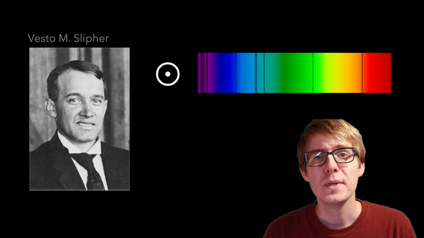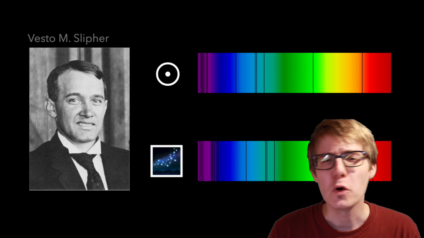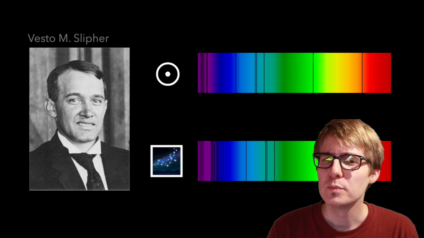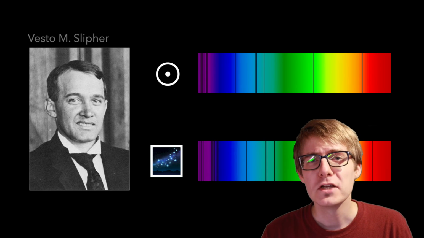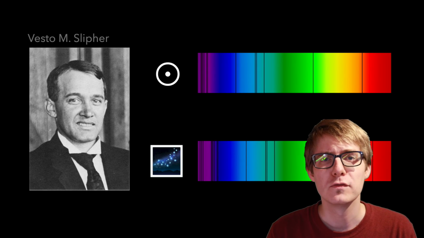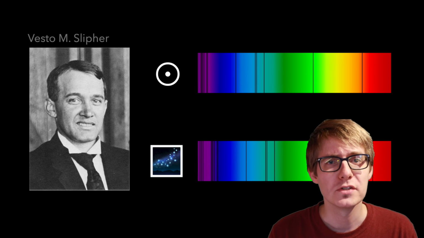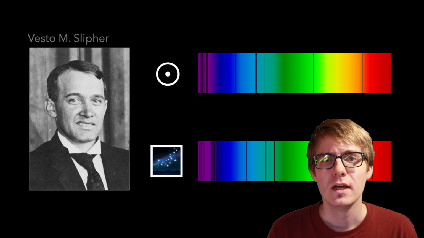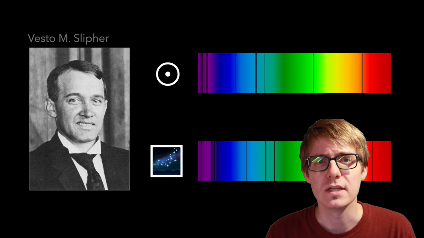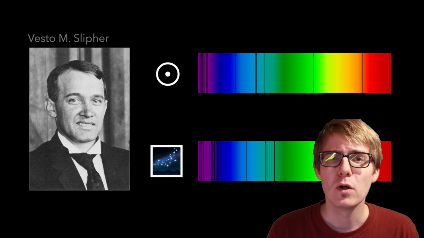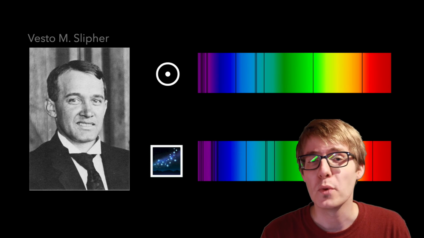He saw that spectral lines from the Sun also appeared in spectra from galaxies. However, the lines seemed to be shifted. He eventually realized that this shift was due to the Doppler effect and used it to calculate velocities for each galaxy. And what he found puzzled him. He found that almost all galaxies were moving away from us.